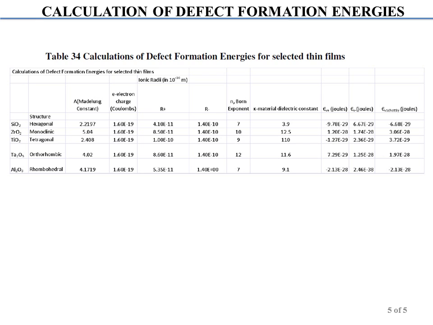And so zirconium dioxide is monoclinic in terms of structure, titanium dioxide tetragonal, tantalum pentoxide orthorhombic, and aluminum oxide rhombohedral.